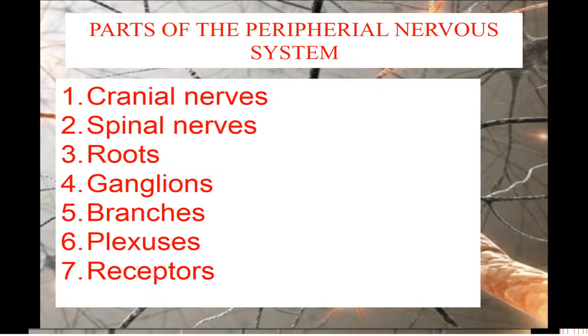And you can see on this slide this peripheral nervous system is represented by the roots of the spinal and cranial nerves, nerve ganglia, then branches of spinal and cranial nerves, nerve plexuses, and peripheral nerves, which take origin from the receptors or terminate by the nerve endings in the muscles.